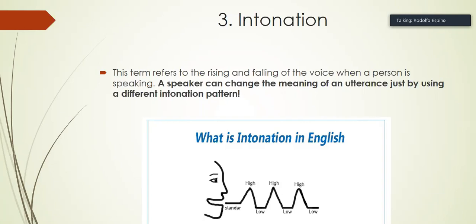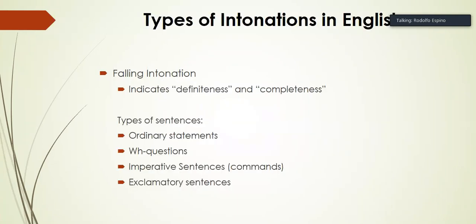There are some other things that intonation can express, and you will see that. Falling intonation indicates definiteness or completeness. It means that when you make that falling intonation, it's like the end of what you have said. Okay?